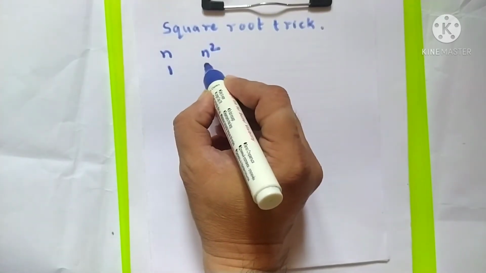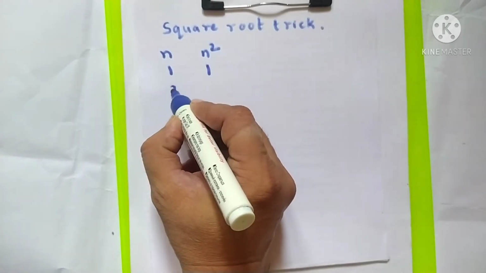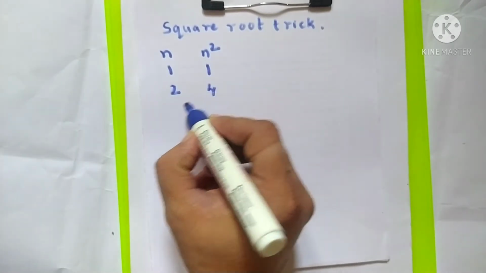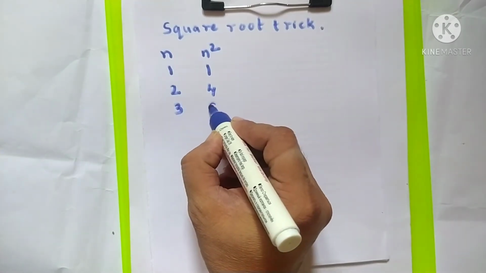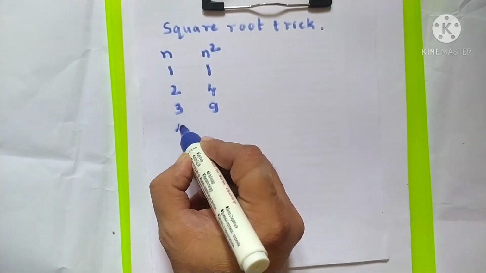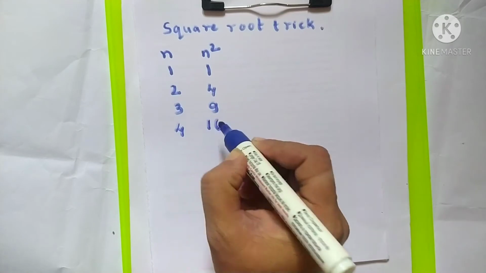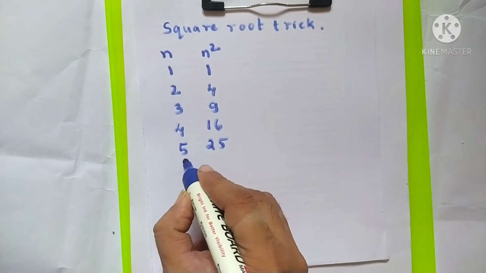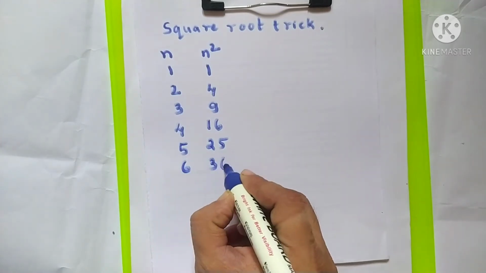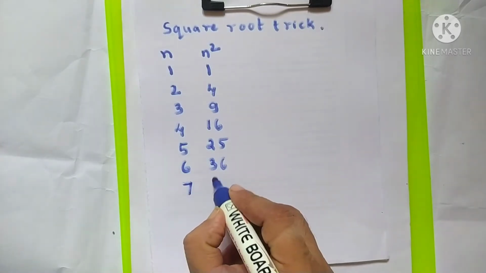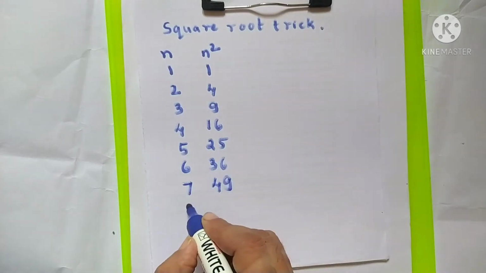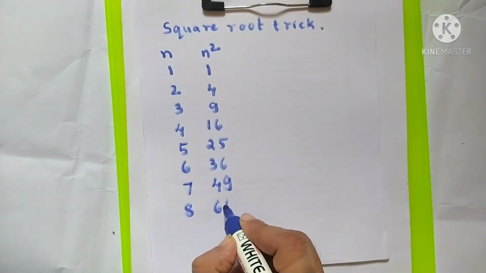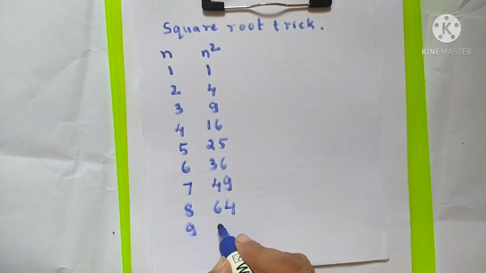So 1, its square is 1; 2, its square is 4; 3, its square is 9; 4, its square is 16; 5, its square is 25; 6, its square is 36; 7, its square is 49; 8, its square is 64; 9, its square is 81; 10, its square is 100.